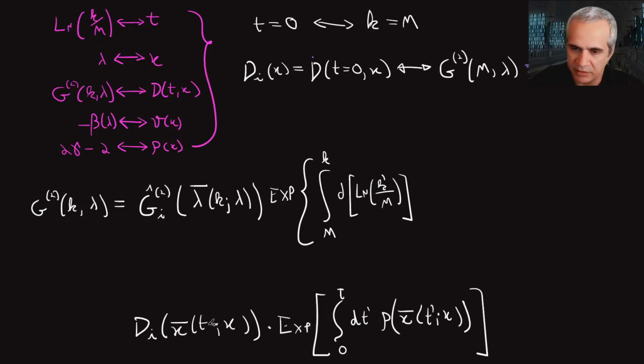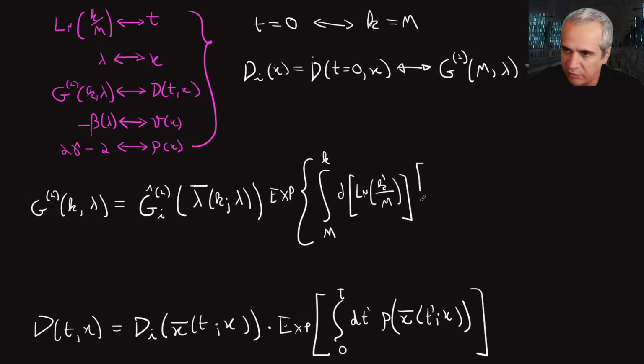Same as here, right? So this is a density, I forgot to copy, but it was something like t, x, right? So this variable t is the upper limit of this integral. And then there's rho, which is given by 2 gamma minus 2, again calculated at position x bar.